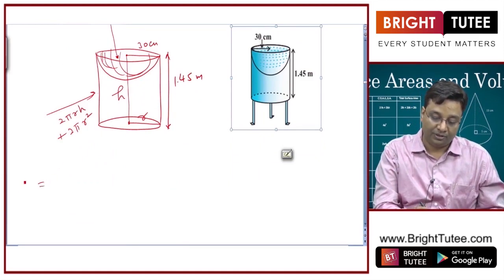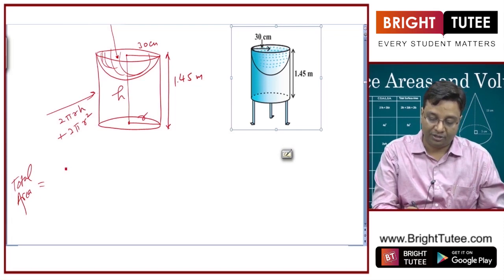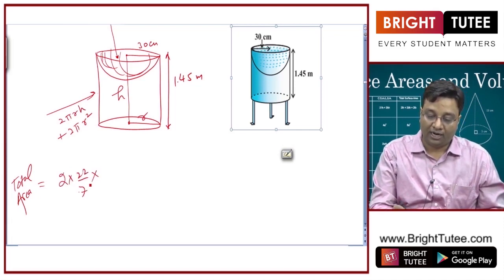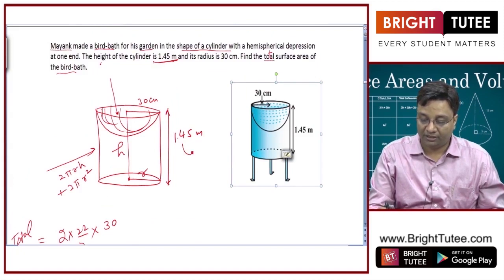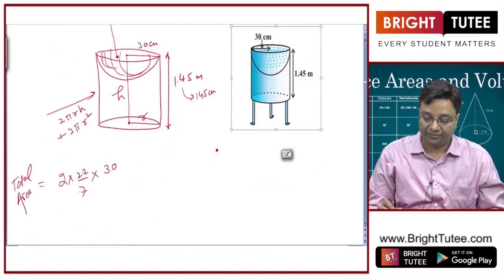So the total area is 2 pi rh. So 2 into 22 by 7 into r. R is 30 centimeter. If you want to convert it into meters, or otherwise you can convert this into centimeters. So this is 145 centimeter, right. So the answer will be in centimeter square. Plus 2 pi r square.